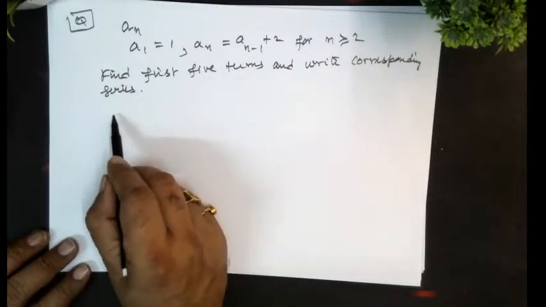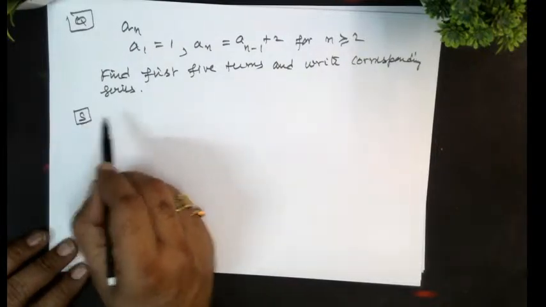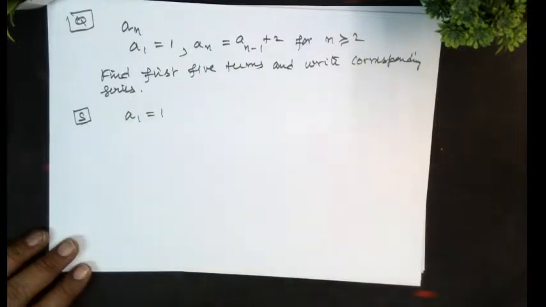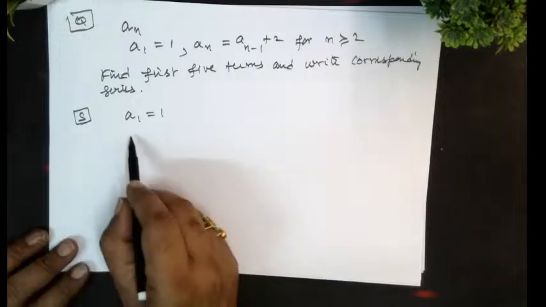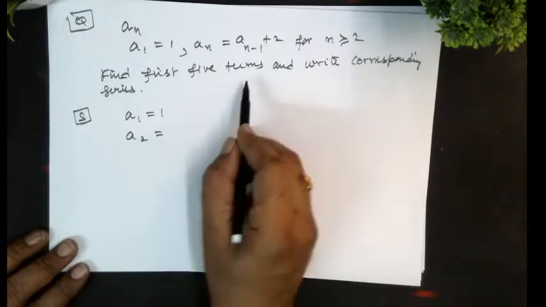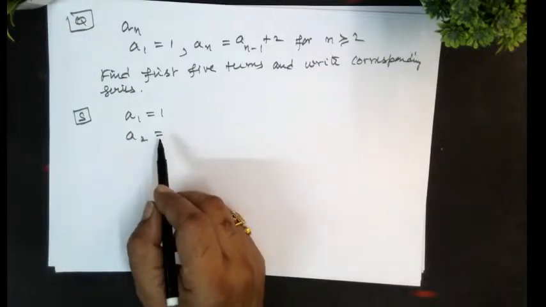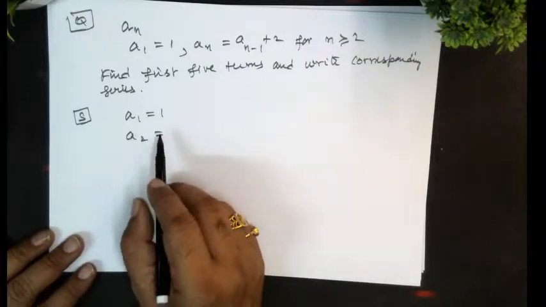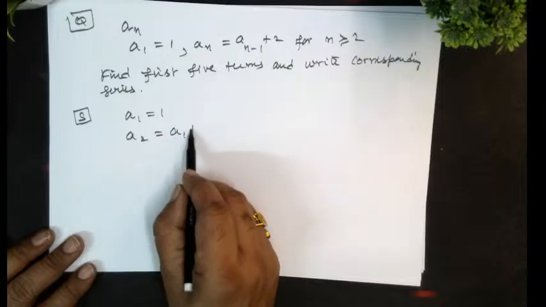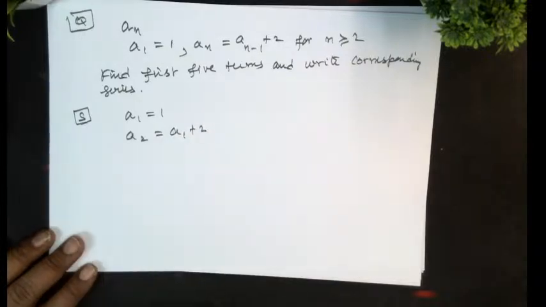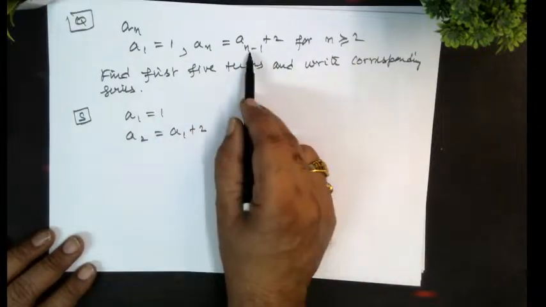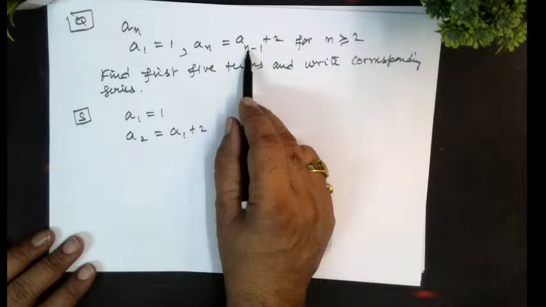Now listen, solution. See, given is A1 is equal to 1, that is the first term. Second term is A2. A2 is nothing but A1 plus 2. Okay. So A1 plus 2, that is n minus 1, since we are considering the second term, so 2 minus 1, A1.